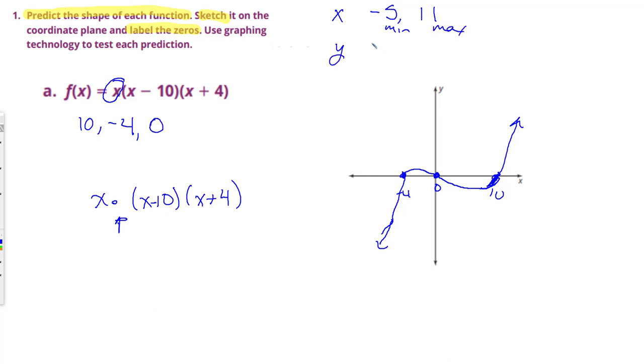And then y. Do we really need to see a whole lot of detail here? So I'm just going to do -10 to +10. That way I have a square window. But if you had this at different points, that's not a bad thing. And what does your graph look like? Did our prediction work?